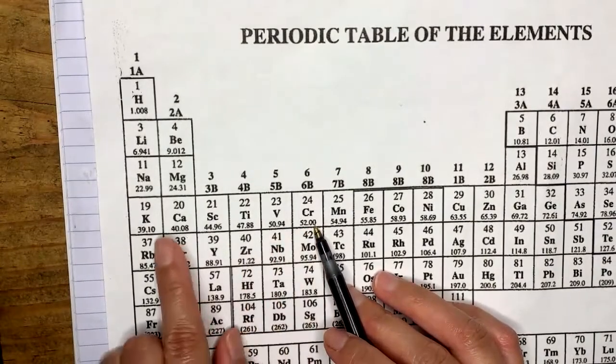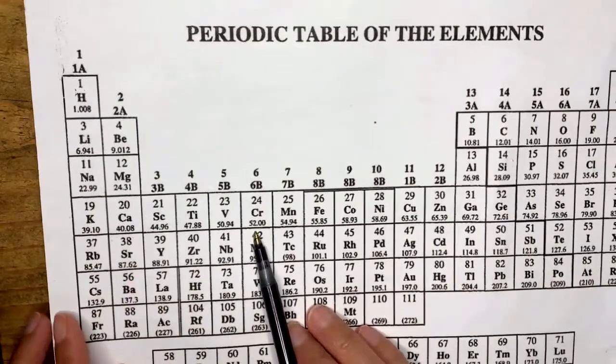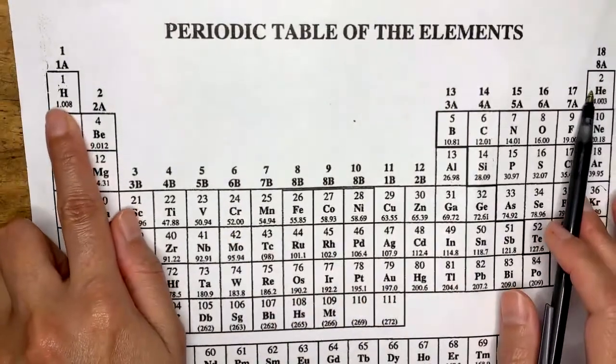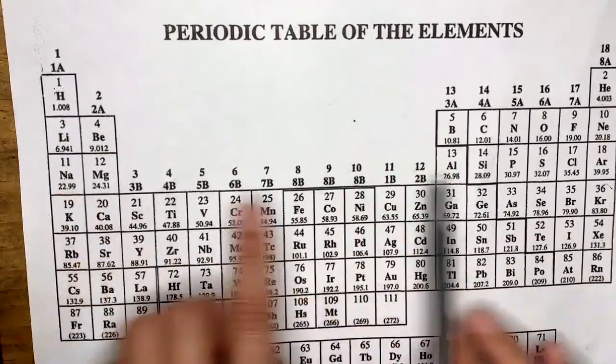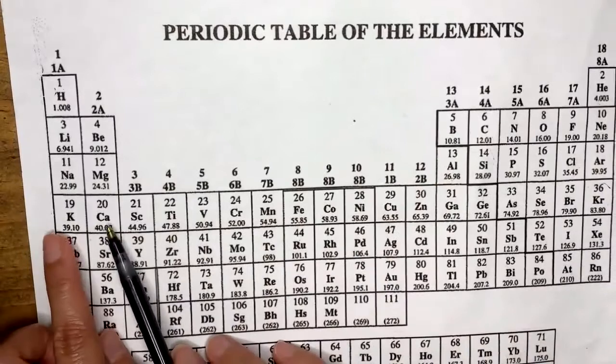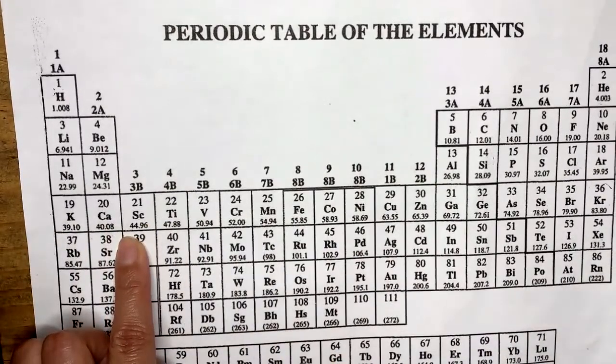I'll read it out: 1s2, 2s2, 2p6, 3s2, 3p6, and then 4s2, and then 3d4. So you're at 3d4.